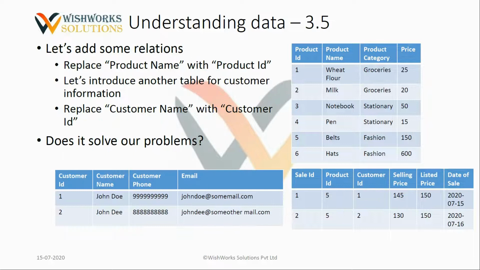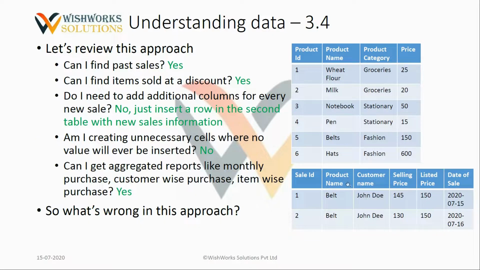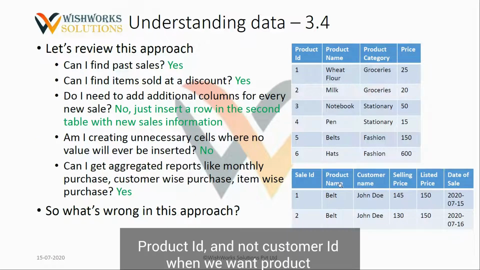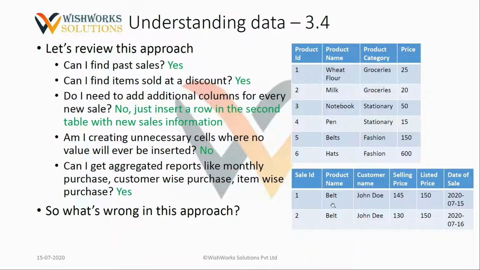So in that case, what do we do? We put another table, and what we do here is, if you see here, we had product name and customer name. Instead of making it customer name, we make it customer ID, such that if it is 5, that means it is belt no matter what. So I'll just put 5, 5. So the spelling error is eliminated.